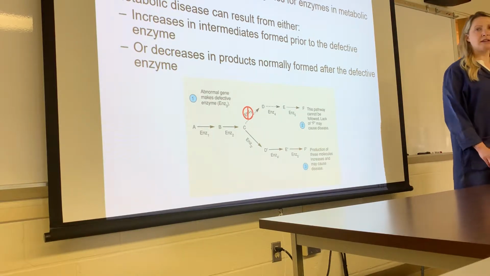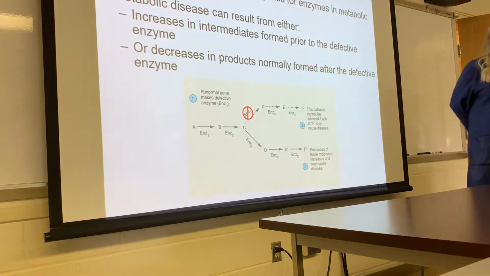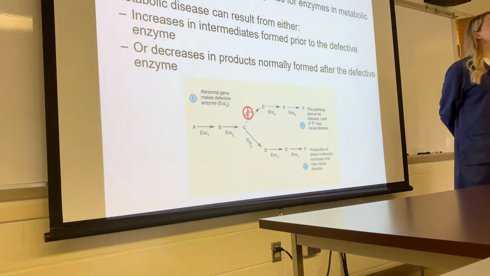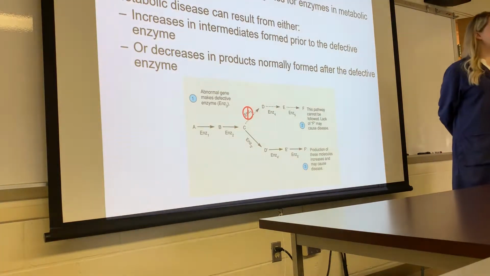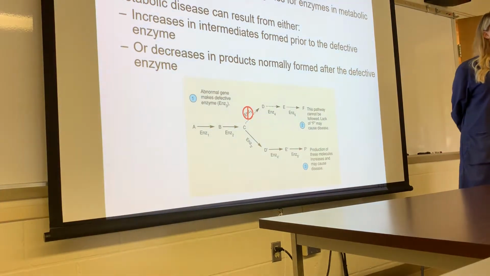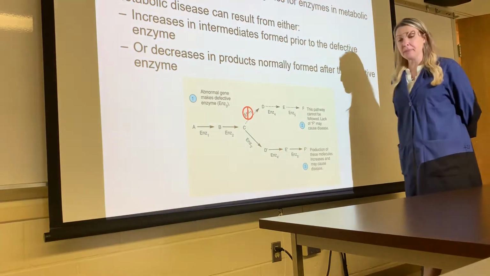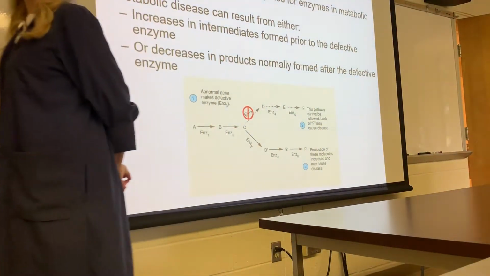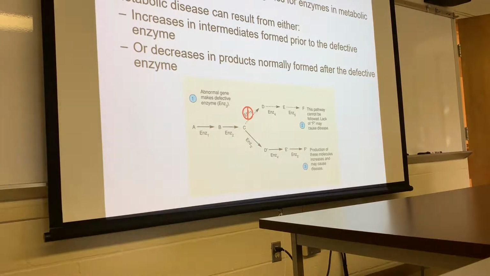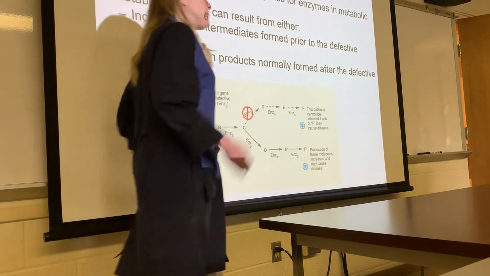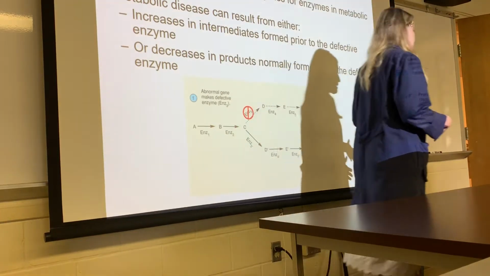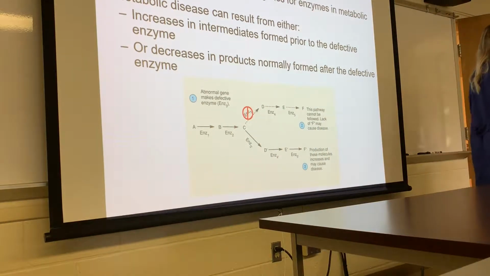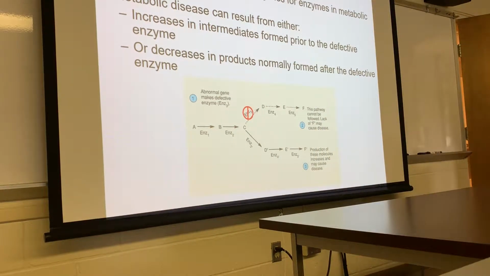I have to say it very slow. You've heard of PKU before, I think. This is where somebody can't metabolize phenylalanine, an amino acid. So you get a buildup of phenylalanine in the brain, and this can cause issues with mental functioning.